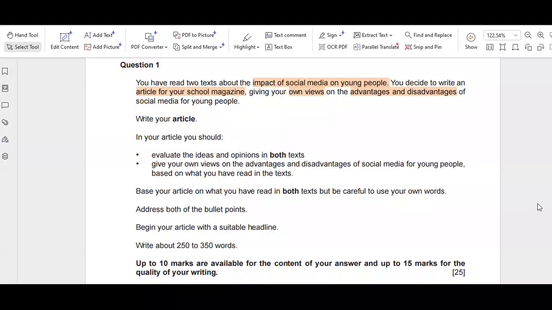Whether you're writing for a school magazine, a blog, or a newspaper, your article should be interesting and thoughtful. Some articles explore multiple sides of an issue, for example, the one that has been given in the question, and allow the readers to form their own opinions. Others take a clear stand and aim to convince the reader of one perspective.